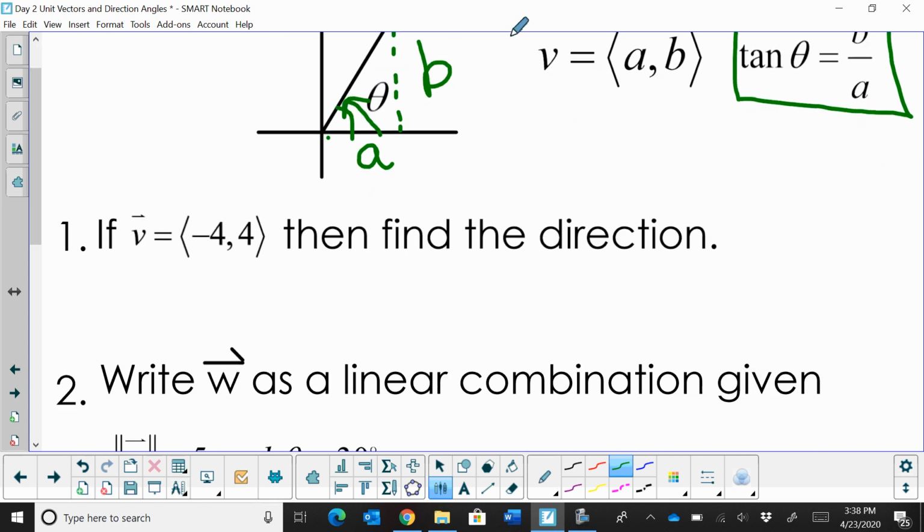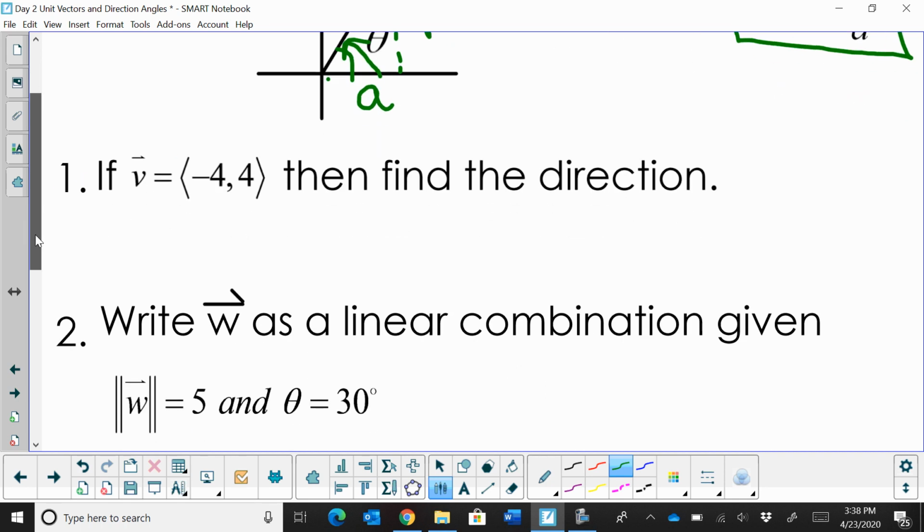Now that works really well for quadrant 1, but what you're going to be finding are reference angles. So we may have to add or subtract to 180 depending on the quadrant. So I want to look at those scenarios today. So let's start with the vector -4, +4.